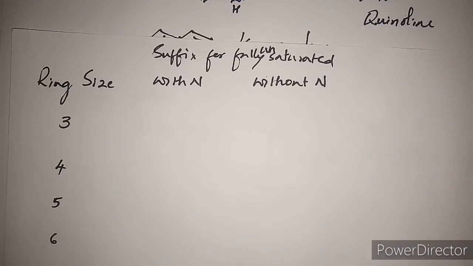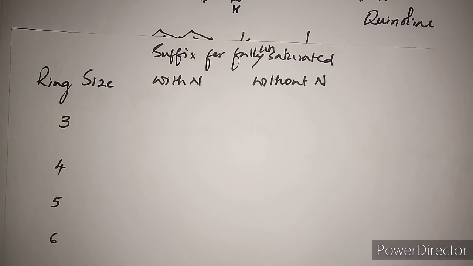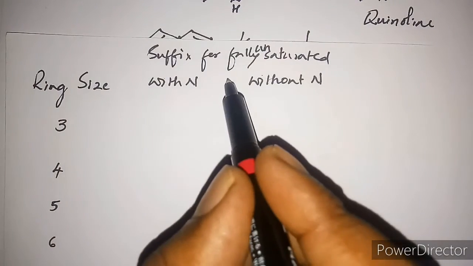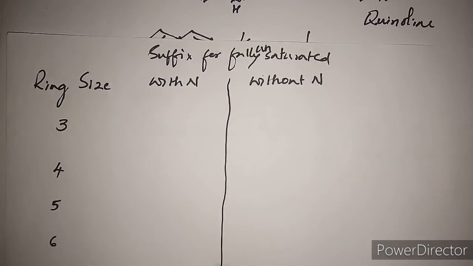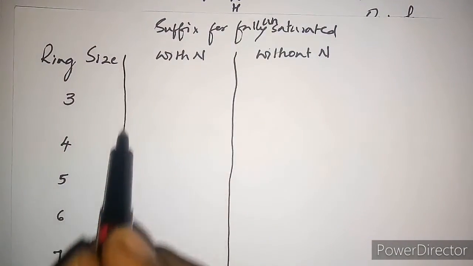One is with nitrogen, another is without nitrogen, so we can make two columns here. Here we have the ring size.